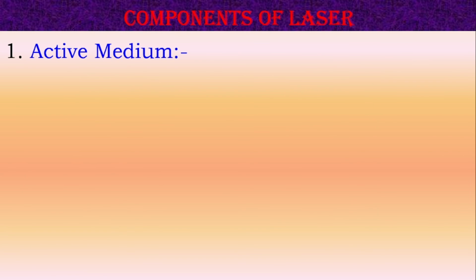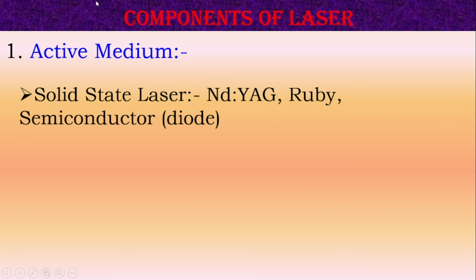Let us see about the components of laser, starting with the active medium. According to the type of laser, many types of material are used as the active medium.